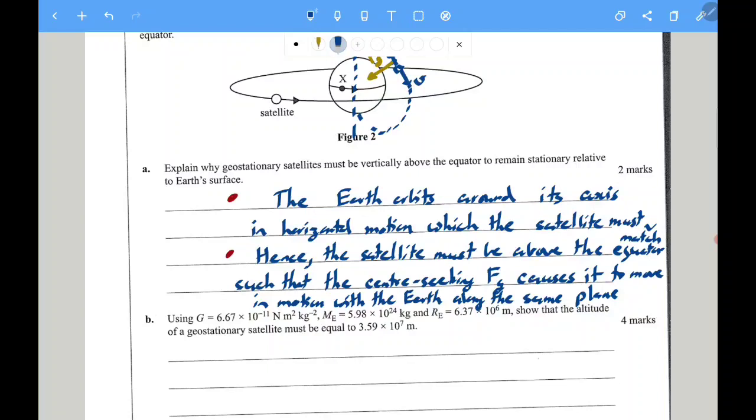So this is a sample response for you guys. The satellite must be above the equator such that the centripetal gravitational force, you guys should write gravitational force in full words, not FG, but I'm just running it here to showcase it to you, causes it to move in motion with the Earth along the same plane.